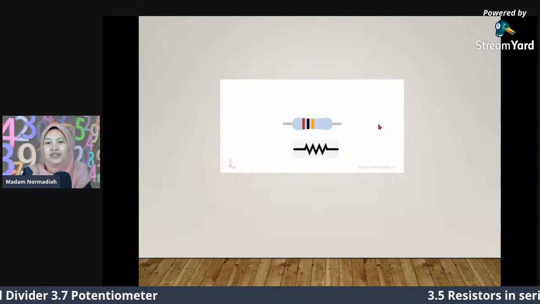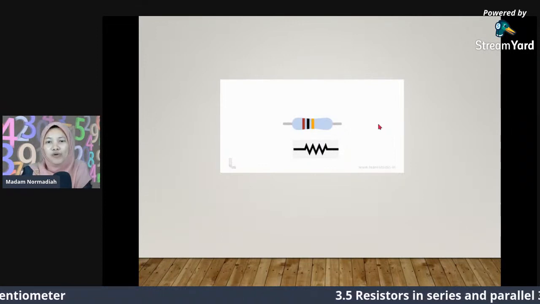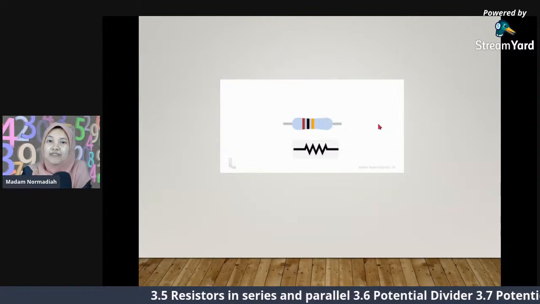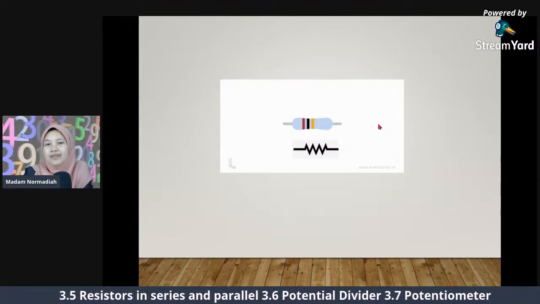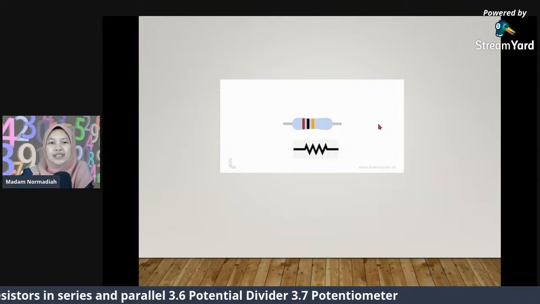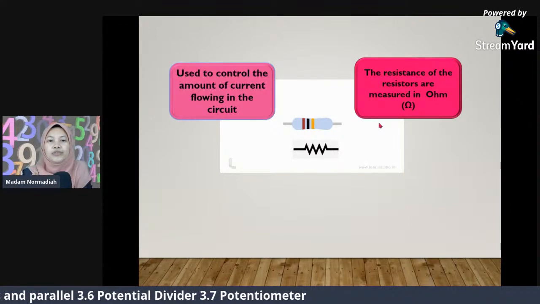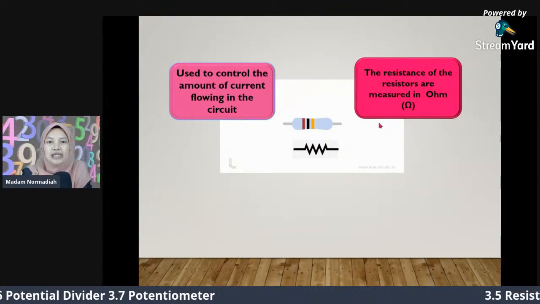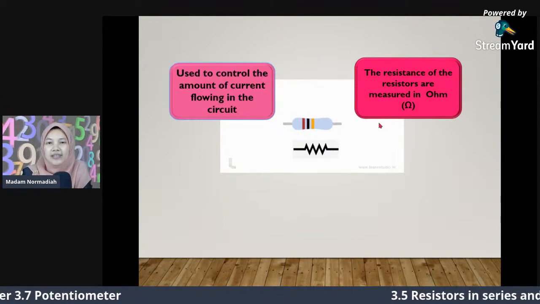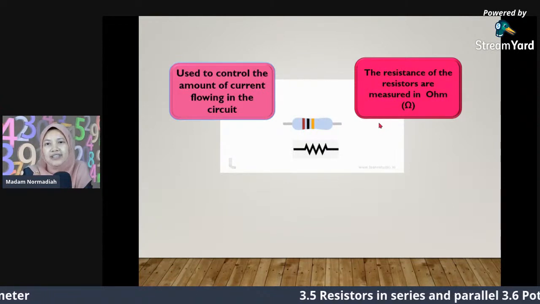Okay class, as we know, the resistor is the most important component in an electrical circuit. So what is the function of a resistor? A resistor is used to control the amount of current flowing in the circuit, as a safeguard to the vital components in the device.